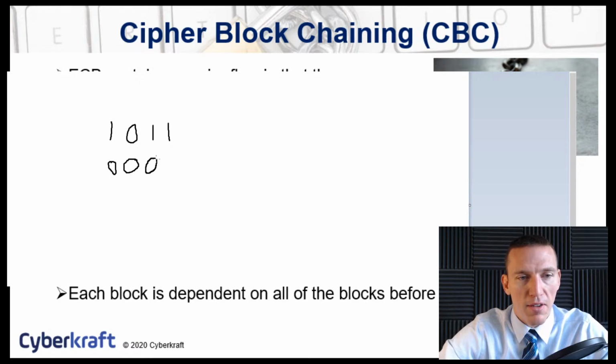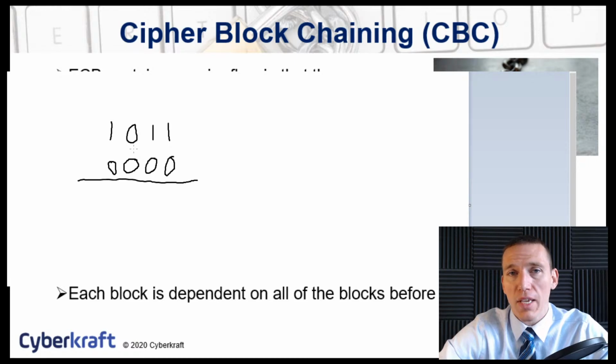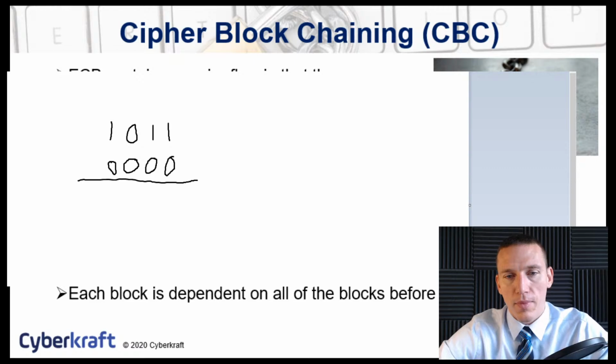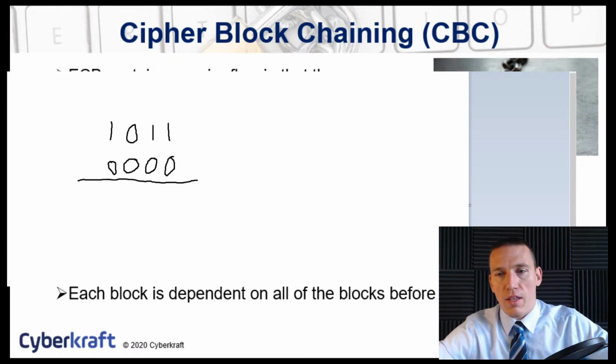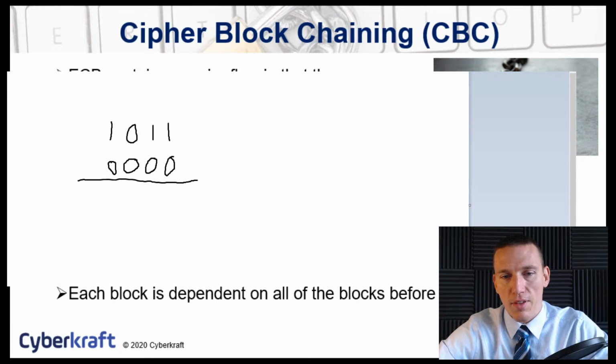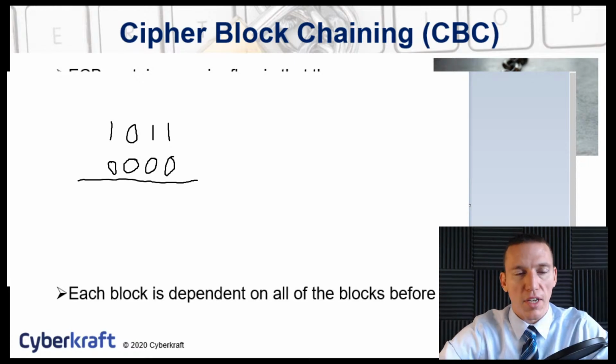Please excuse my handwriting. In order to XOR those bits, we look at each pair of bits: any bit that is the same is a 0, and any bit that is different is a 1.